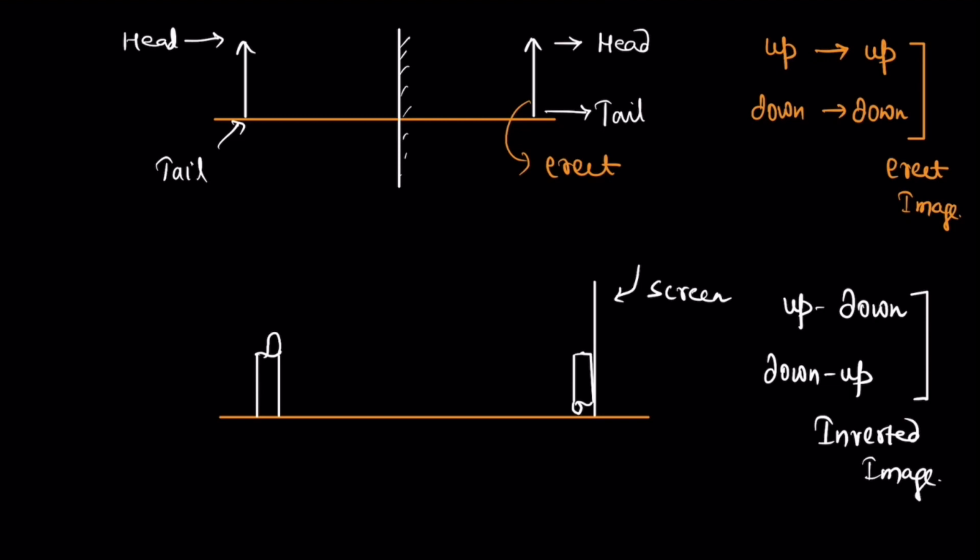So we can simply say that if any image is virtual, it must be erect. If any image is real, it must be inverted.